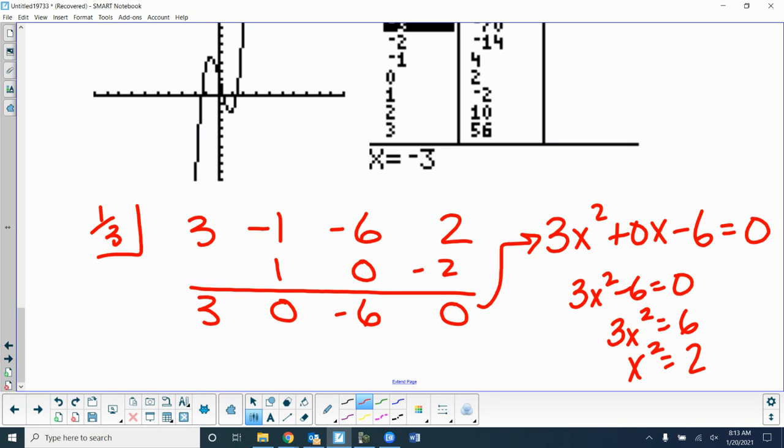Sometimes, as we go further in this, we're going to get to spots where the calculator might not be able to help you. So you're going to have to do this. Because you can't see the non-real. We're going to get to a point where there's non-real zeros. All these have been real zeros so far. Okay? We're going to have to do that. So I just wanted to show you that. Okay? Any questions so far? Anybody having issues with their calculator still?